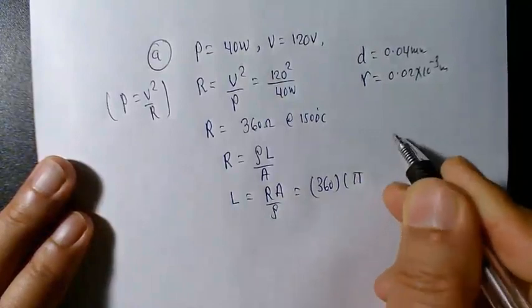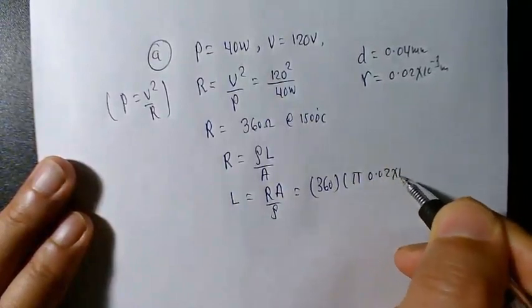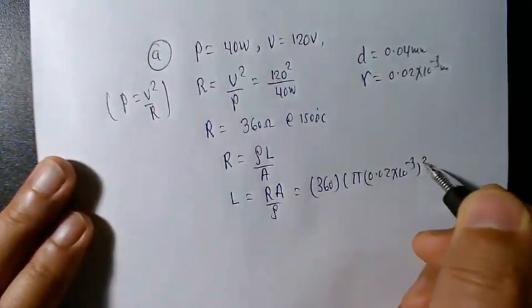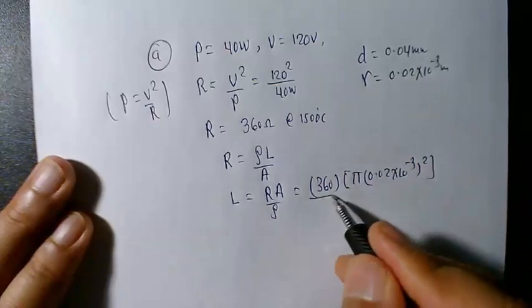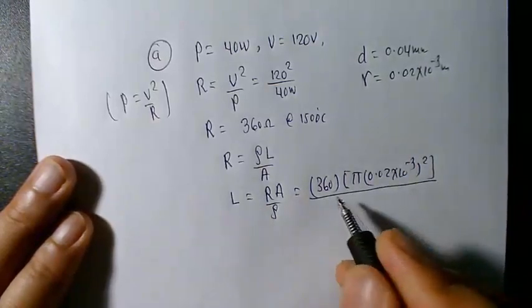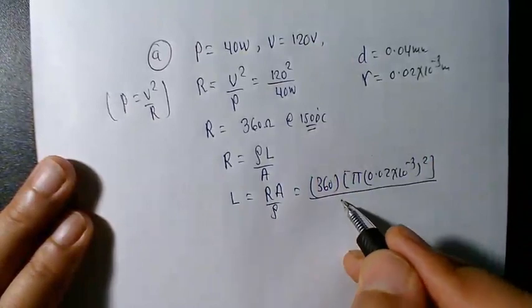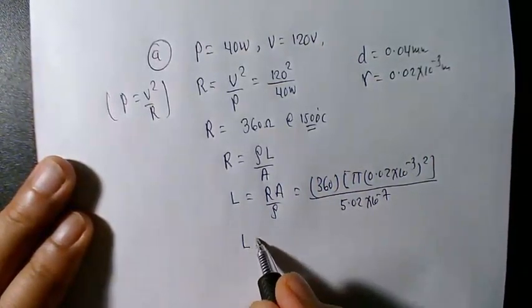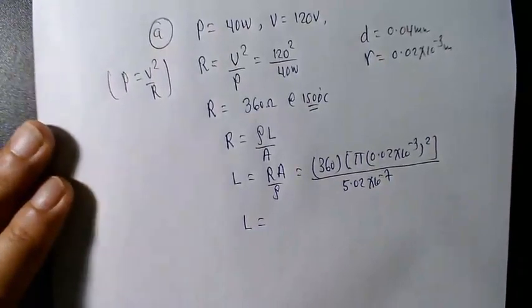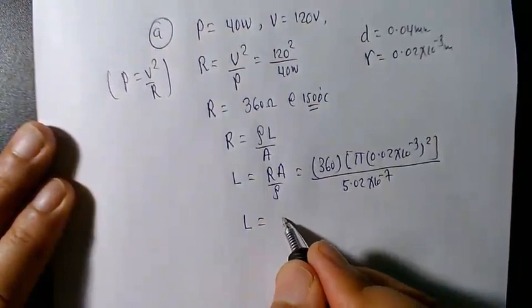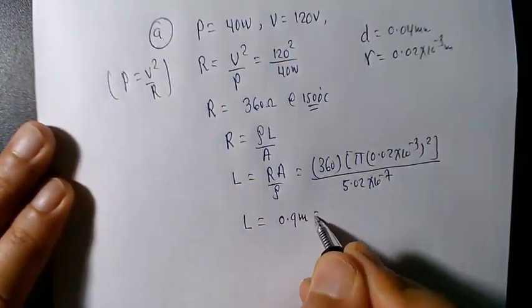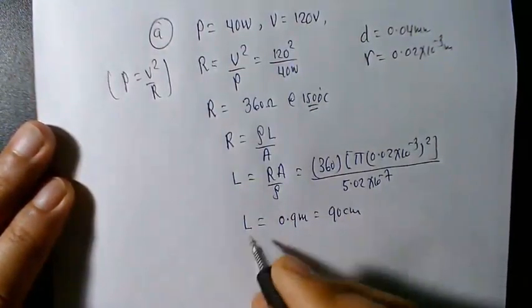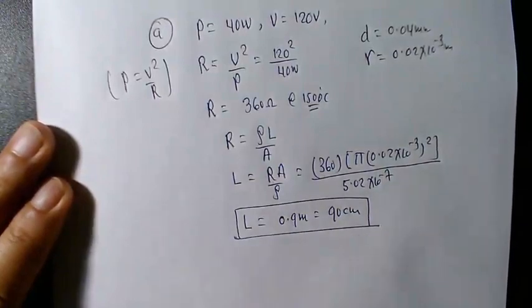Area is pi r squared, 0.02 times 10 to the power negative 3, and make sure to square it, right? Divided by the resistivity at 1500 degrees Celsius, given as 5.02 times 10 to the power negative 7. That must be the length of this tungsten filament used in this electric bulb. If you do that, it's 0.9 meter, about 90 centimeters long. Okay, that's the first part.